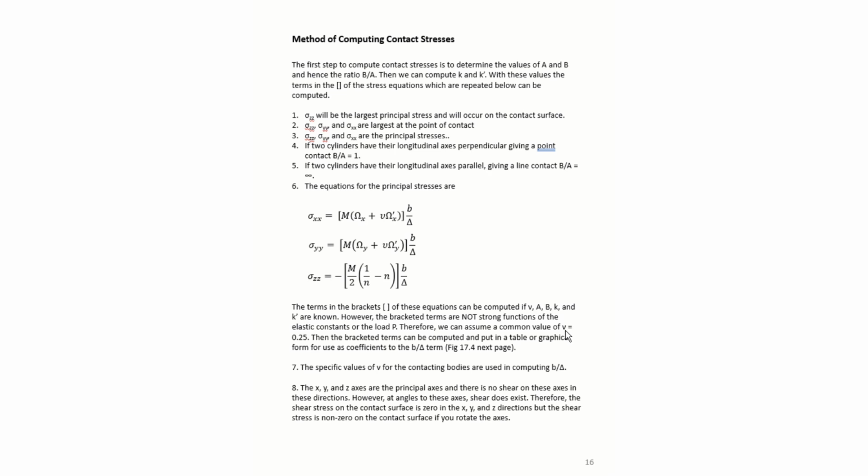Now, if you have a vastly different Poisson's ratio, you may want to go in and compute these, but likely that won't occur. So now we can use a table.